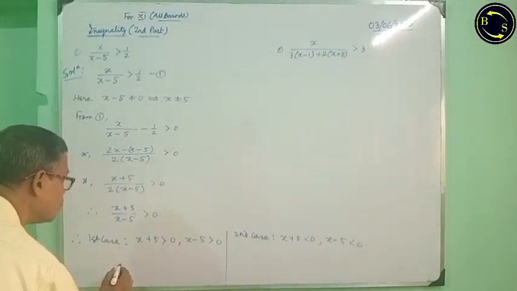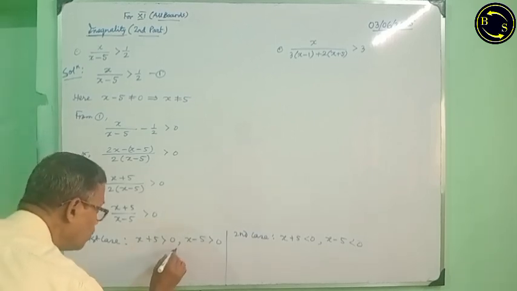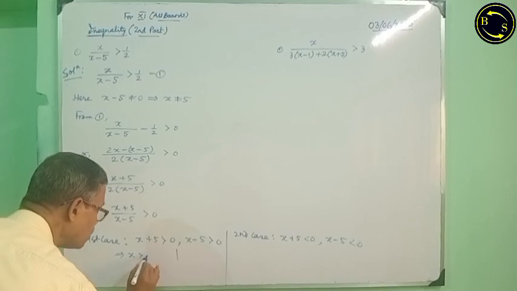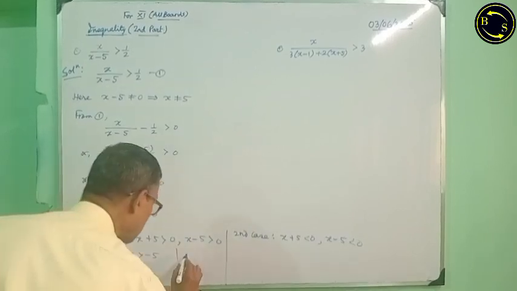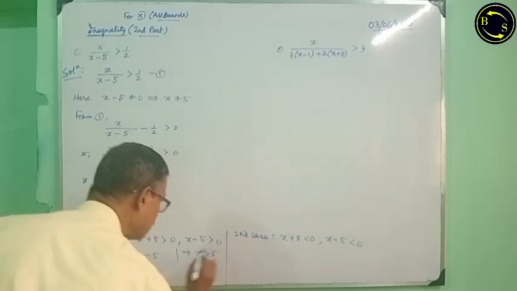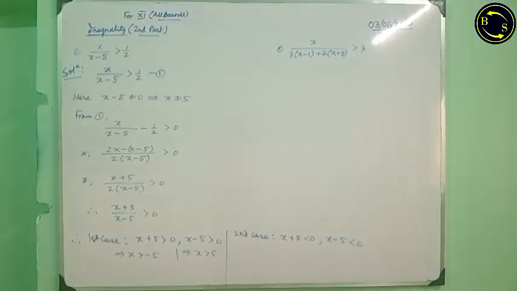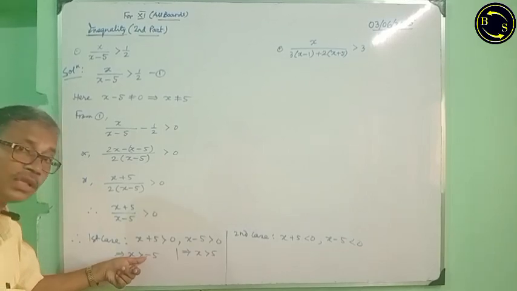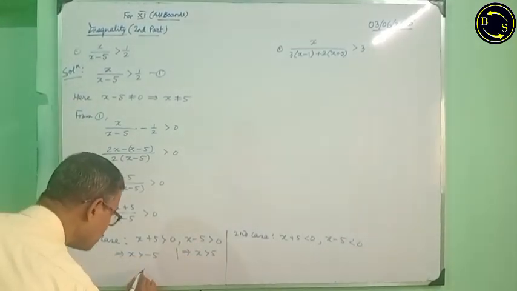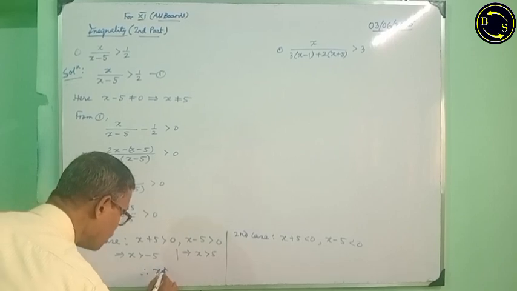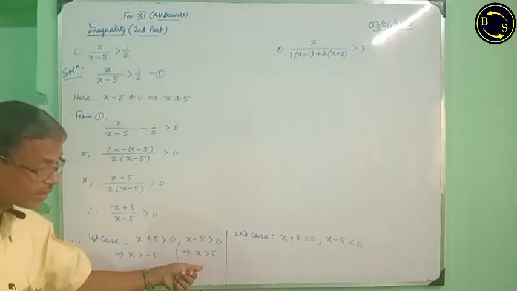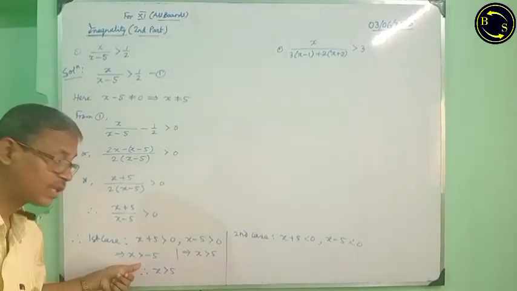We have to approach like this. Now from this, what do we get? From this, x greater than minus 5, and from this, x greater than 5. That means finally common region is x greater than 5.